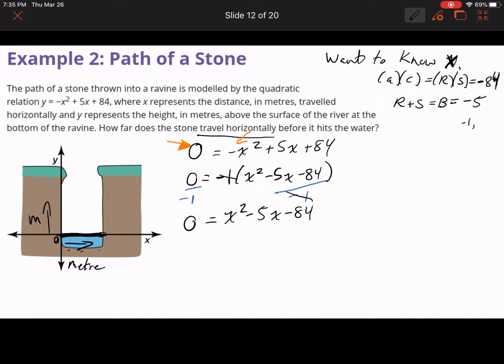We're going to have -1 and 84, 2 and 42, 3, I don't think so, 4 and 21, we're getting closer, 5, no, 6, no, 7, yes, 8, no, and 9, no, 10, no. So I think this is our closest one.